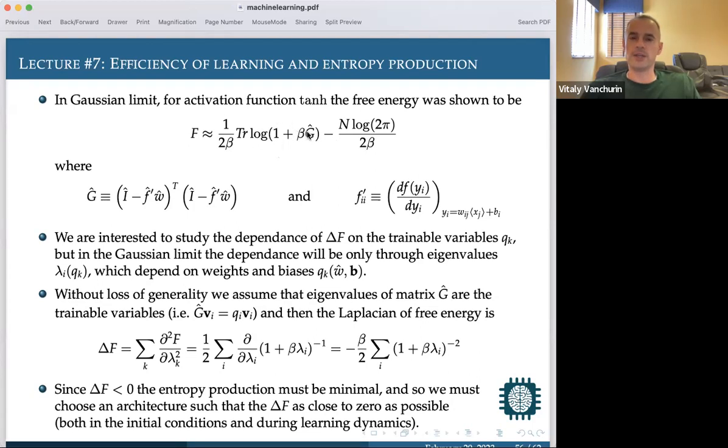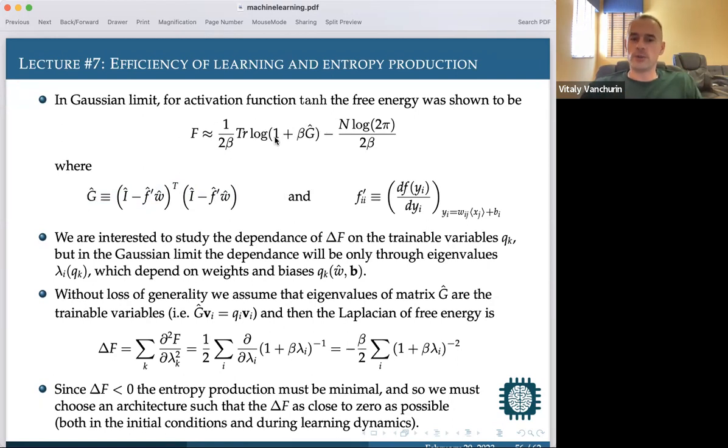It contains the G matrix. And the G matrix is where all of the architectural properties of your neural network are sitting, right? So this is where your weight matrix is sitting. And so once you know what the weight matrix is, once you calculated the average derivatives of the activation functions, you can plug it in here and find this matrix and take its trace. And then from its trace, you will know exactly what the free energy is.